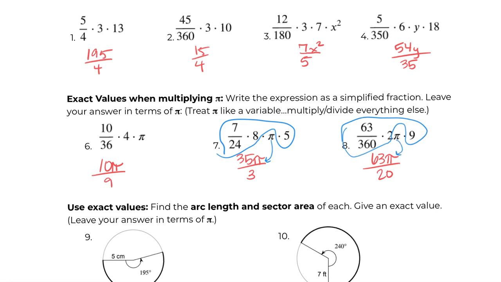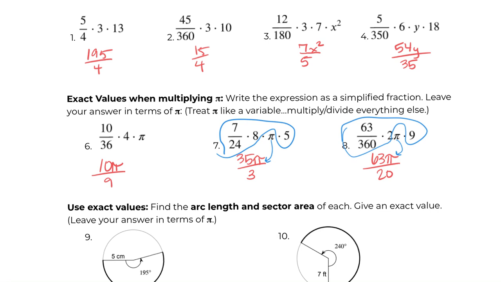The reason we're doing this is because sometimes when we are looking for arc length or sector areas, we want an exact value. And once we've multiplied by the pi, we are going to have to round because that will go on forever. So to get an exact value, we are going to leave our formulas and our answers in terms of pi.